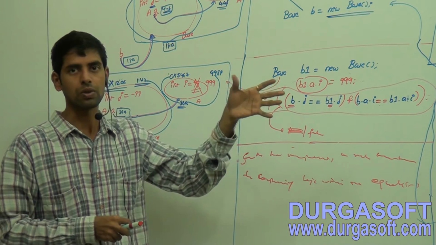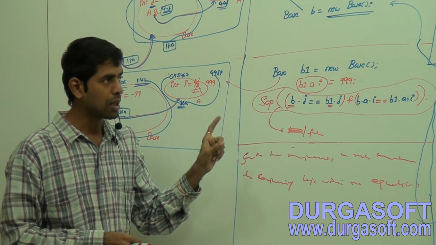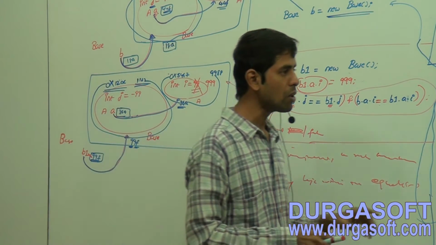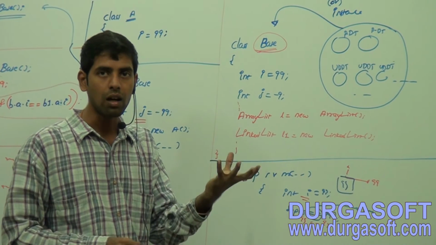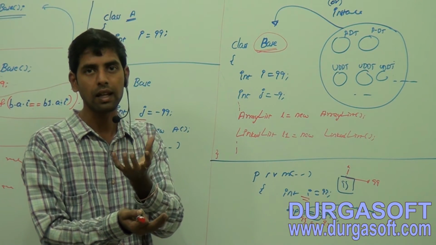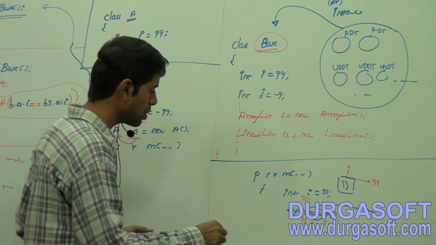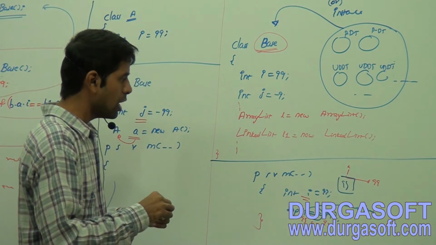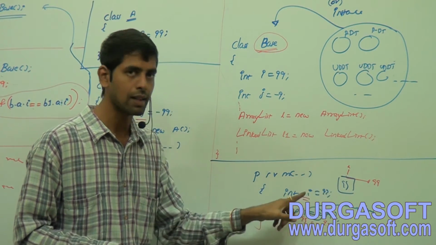I hope you get this one. Let me brush it up once. What is a user defined data type? A collection of other primitive data types and other user defined data types. And observe here, in the case of primitives, primitive variables will be holding the value which you are assigning.